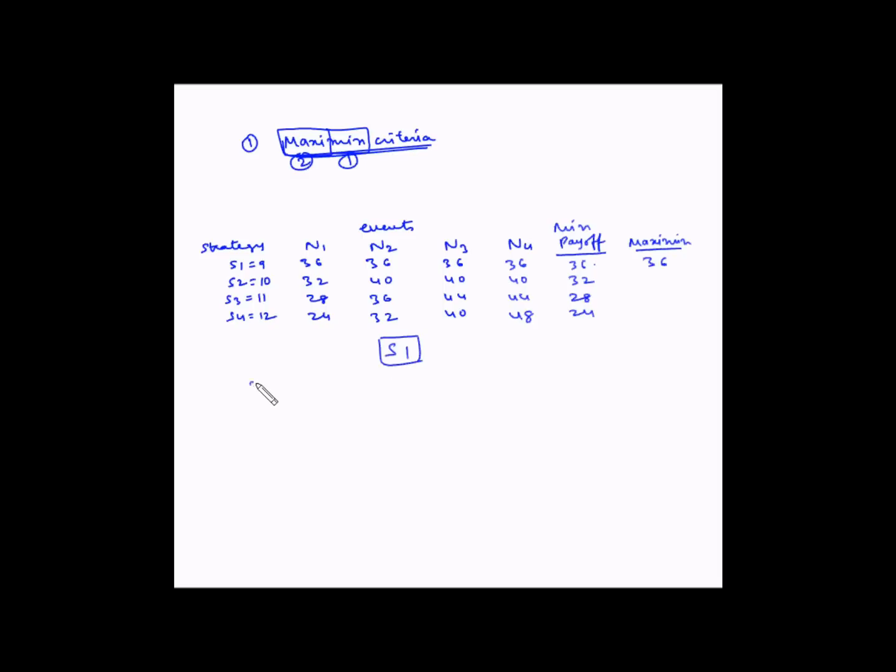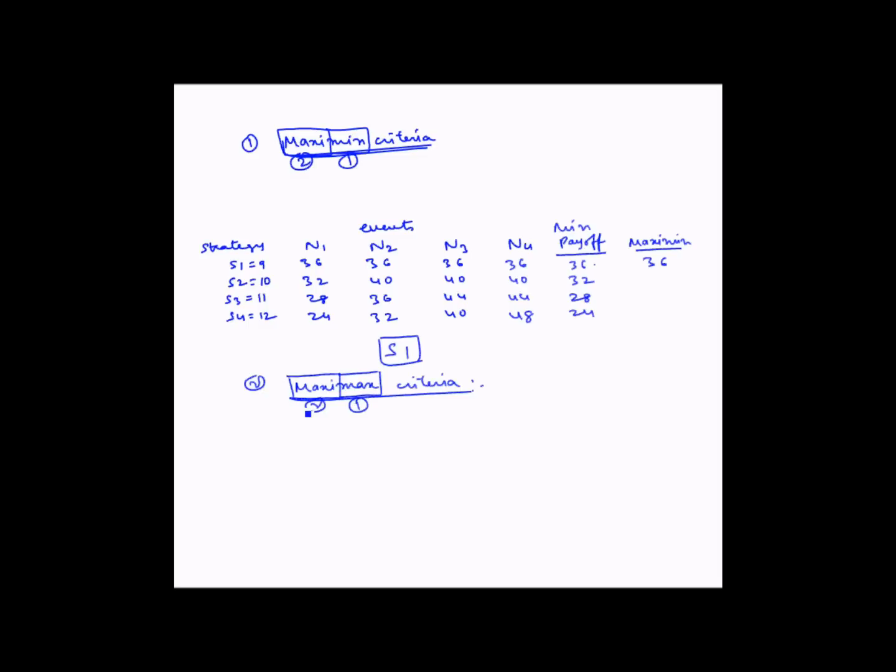Now let's look at the second one, which is the Maximax criteria. The Maximax criteria aims at the best of the best, or in other terms, first to find the maximum of all the strategies, and then finding the maximum amongst them. So finding the maximum of the maximums.